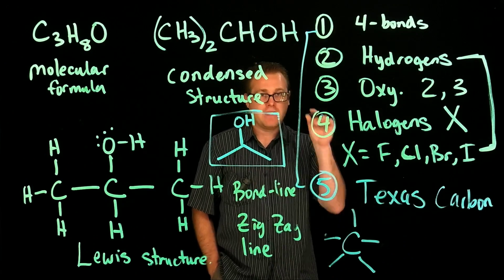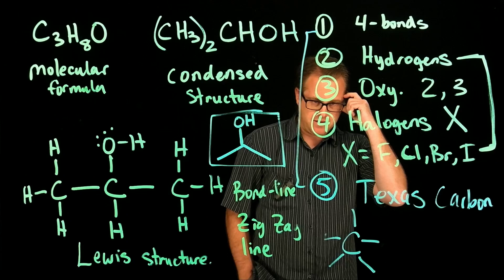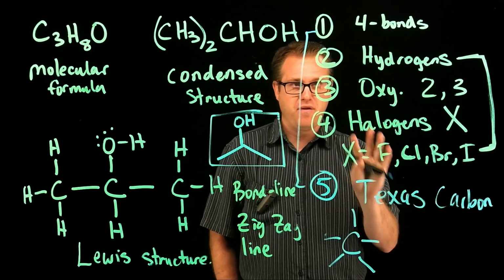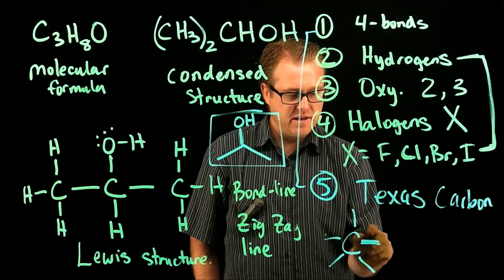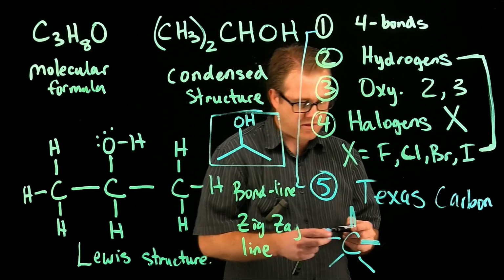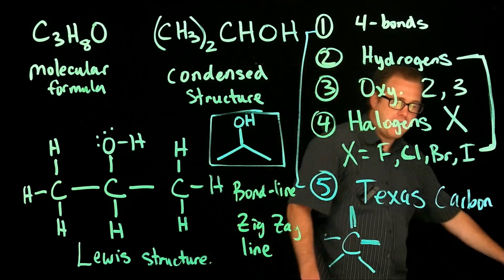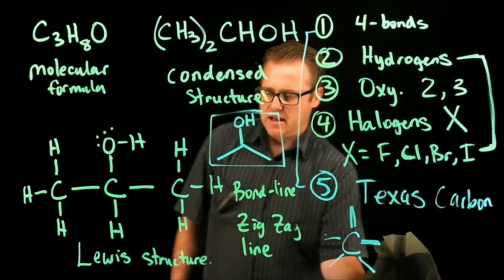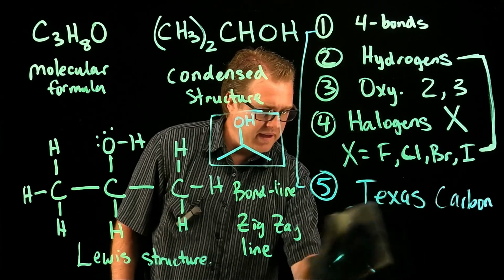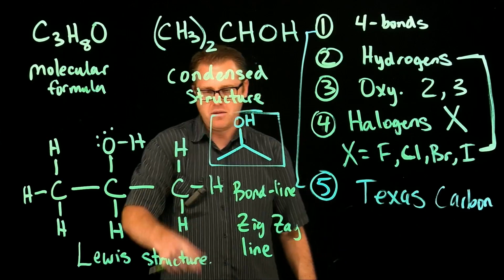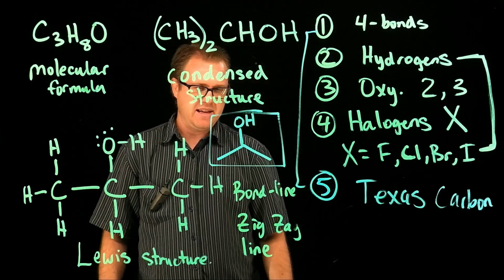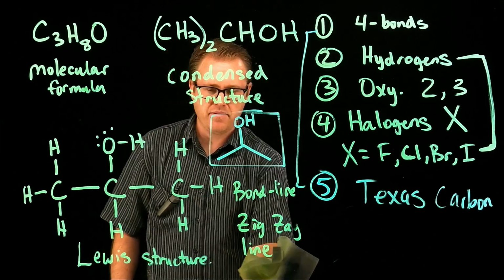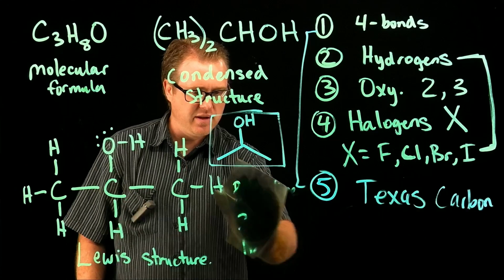You cannot have 5 bonds on carbon. The max is 4. We're going to go through some examples and look at what a Texas carbon would look like. So let's take this molecule right here and draw a Texas carbon so we can get a better visualization of what's going on here.